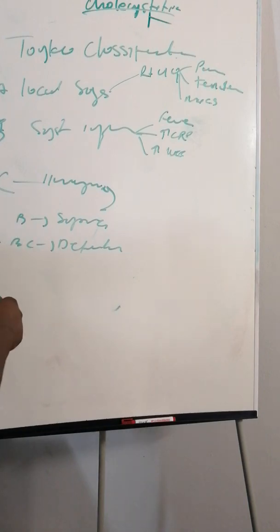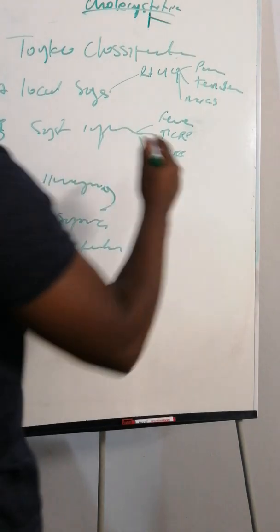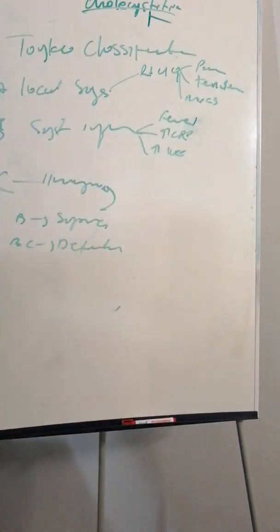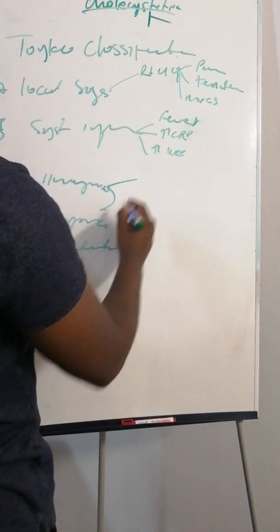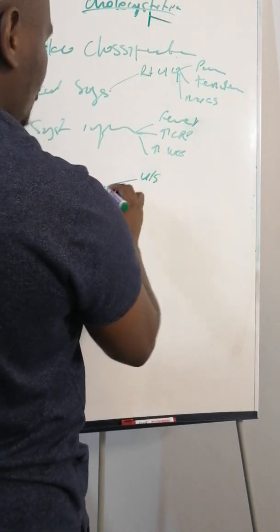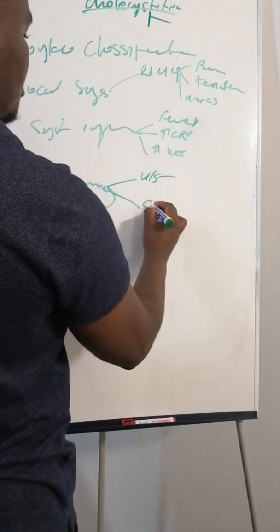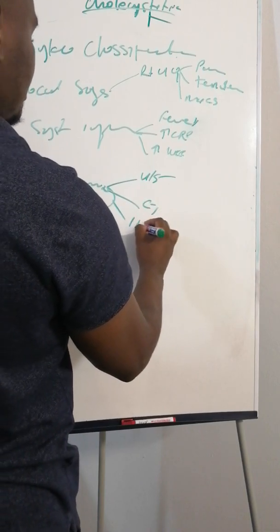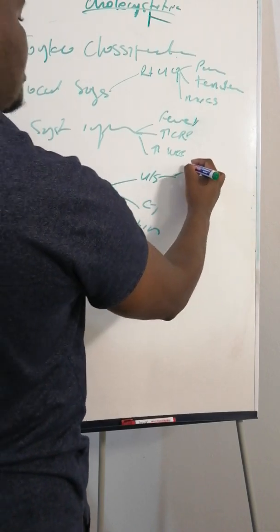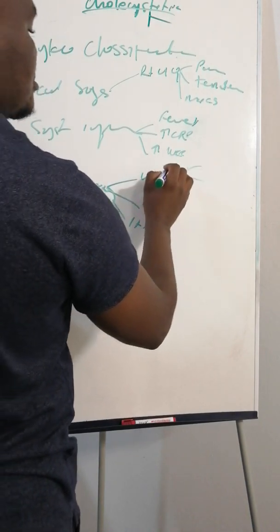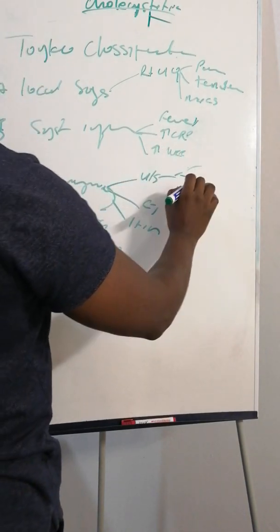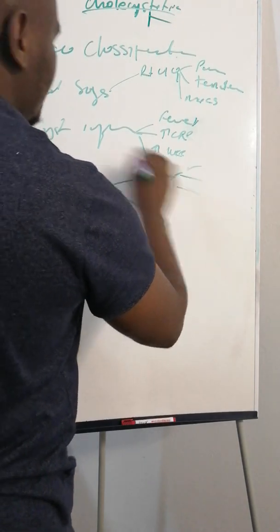I know we are lazy to learn classifications, but they make life very simple. Okay, so fever, imaging. We said ultrasound, and we mentioned CT or a HIDA scan, and we mentioned a thick wall, dilated cystic duct, a distended gallbladder, and all those features.